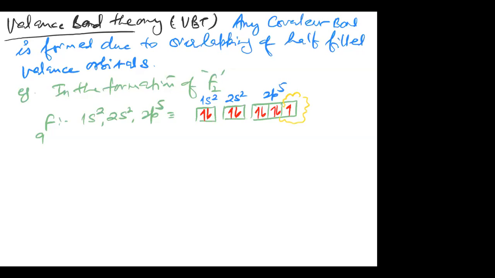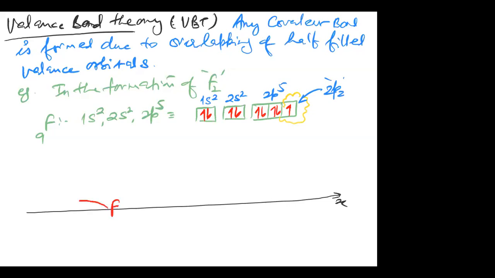Now out of px, py and pz, suppose this is the pz orbital. The meaning of 2pz orbital is, suppose we have the z-axis and we have fluorine, so this may be one of the 2p orbitals of fluorine, and the same as another 2p orbital of another fluorine, forming a bond here.